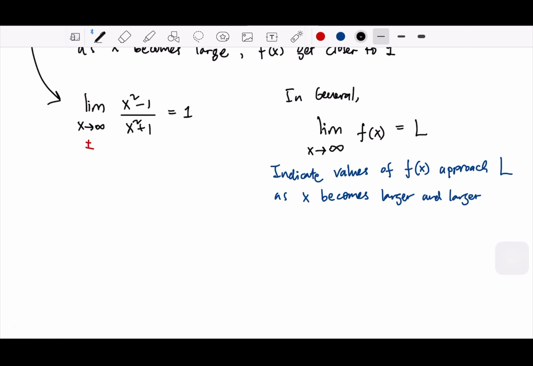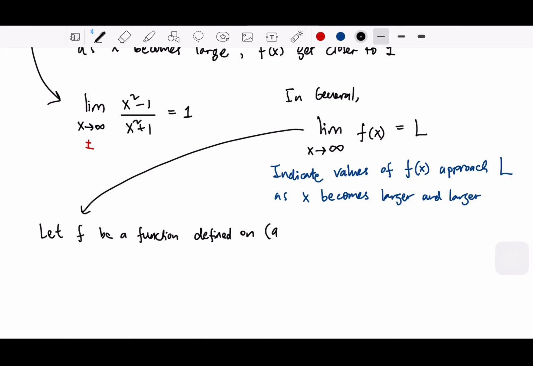Or we can make it more mathematical, if we set up some restraint, so we can have a definition. Let f be a function defined on some interval.